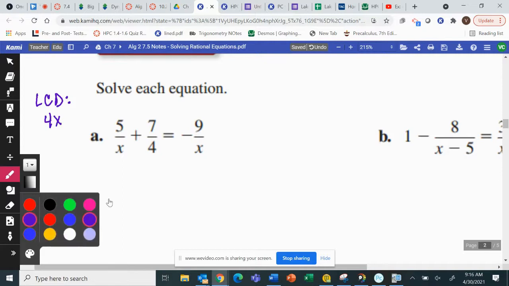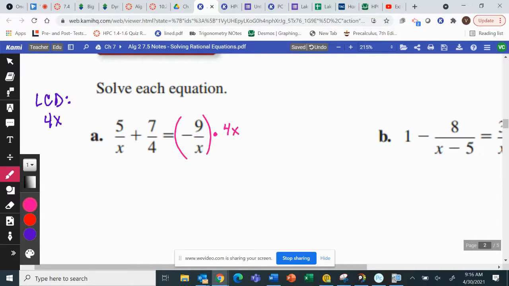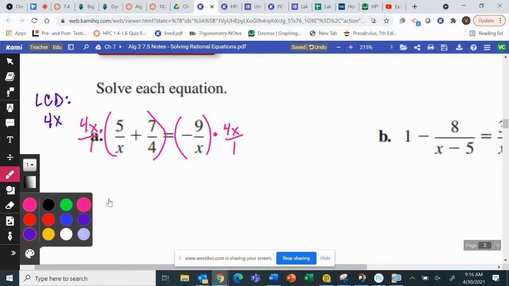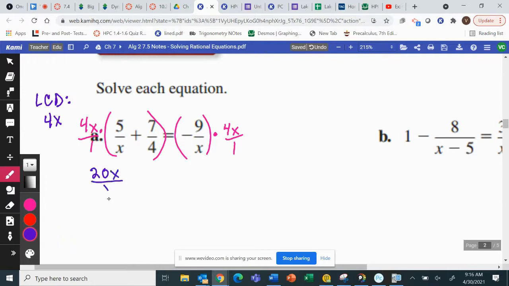So I am going to multiply both sides by 4x. Since we are multiplying fractions, I will make that 4x into a fraction over 1. So we multiply everything by 4x over 1. So I will have 20x over x plus 28x over 4 equals negative 36x over x.